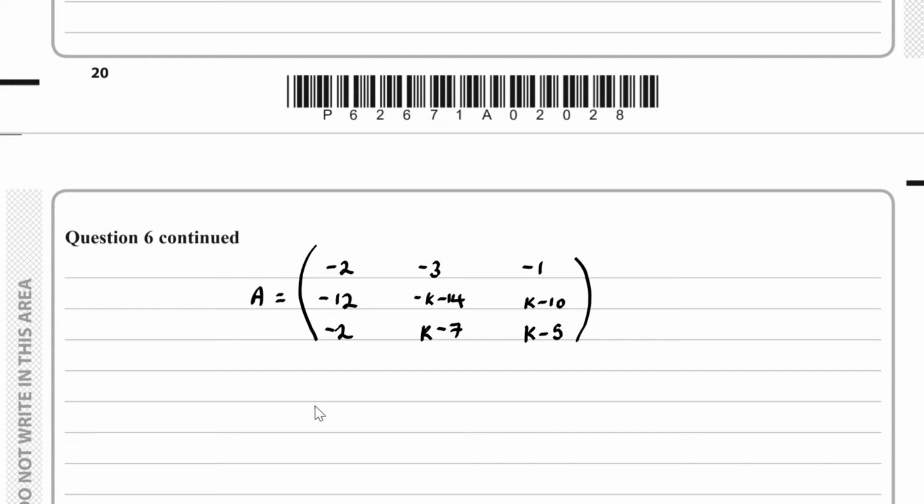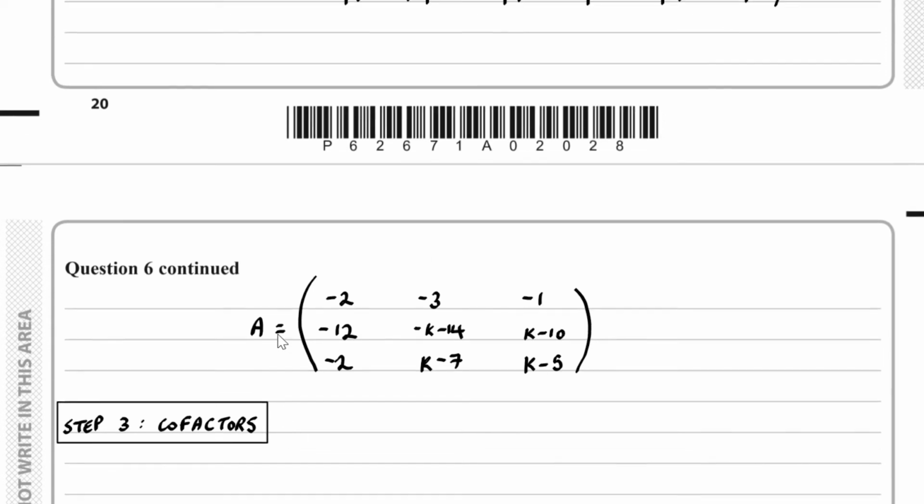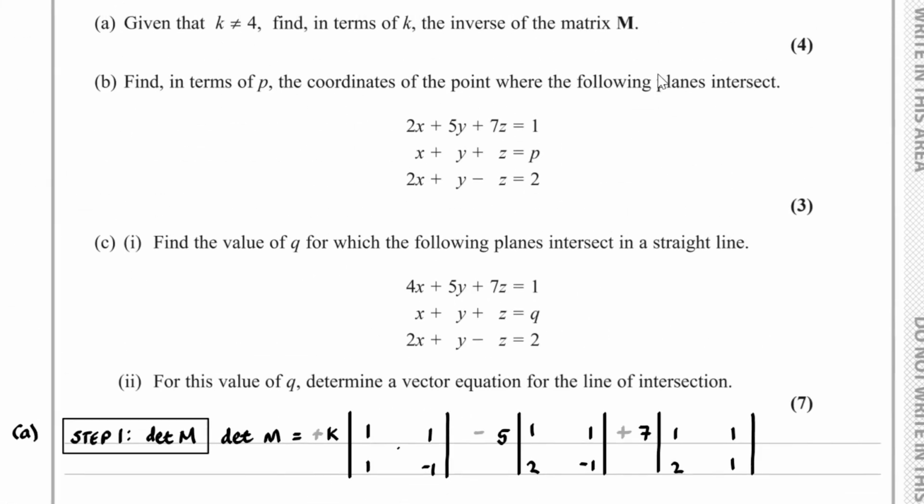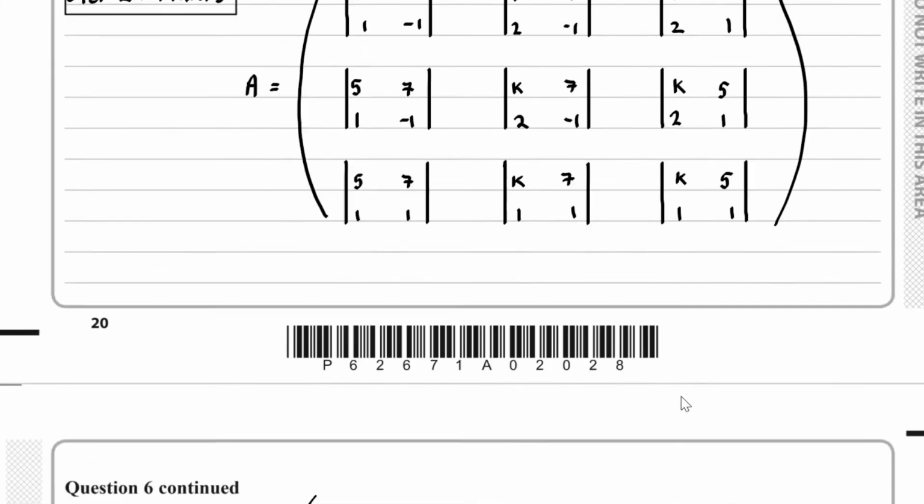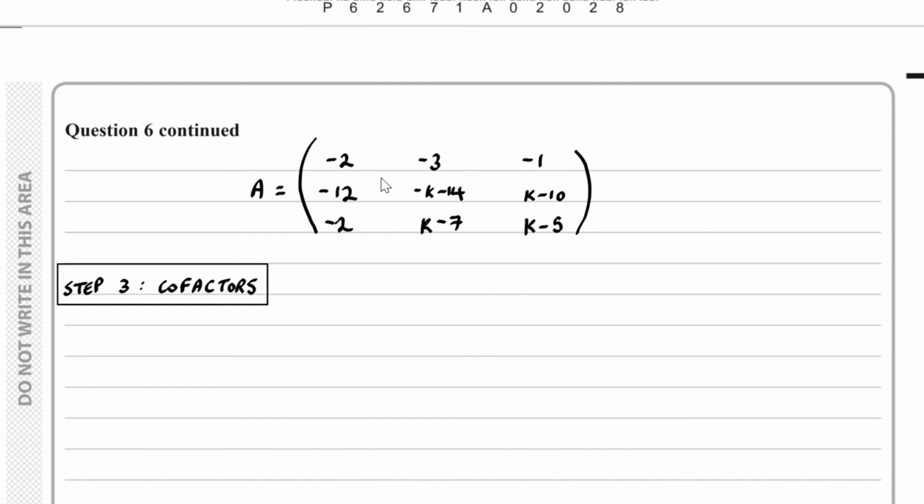So this is the matrix of the minors. And now our third step, step 3, will be to find the matrix of the cofactors. So for us to find the matrix of the cofactors, what we need to do is consider this table of signs and apply it to the matrix of the minors.